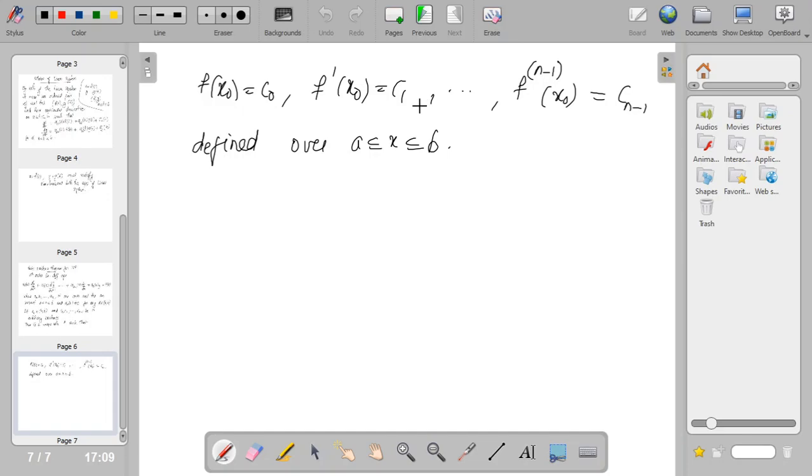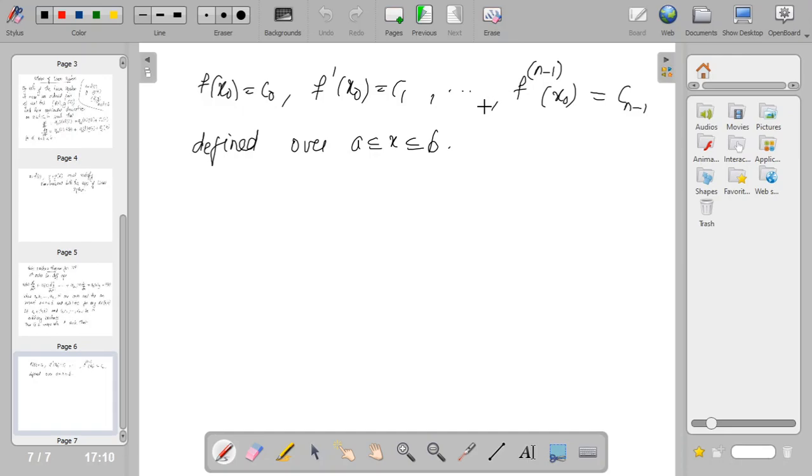So the differential equation together with these n conditions given at the point x naught is an initial value problem.